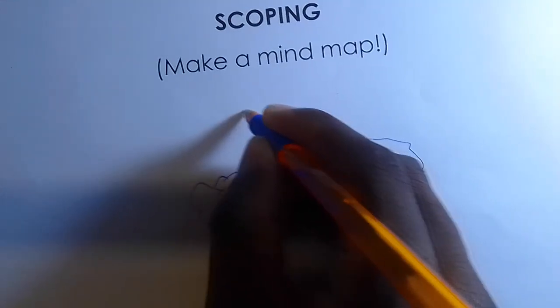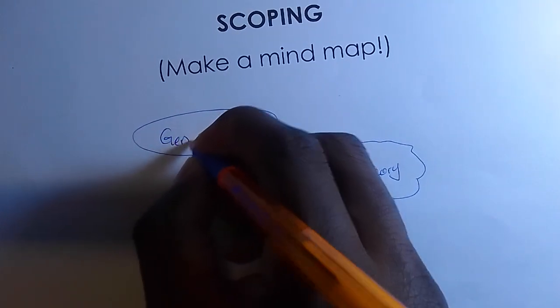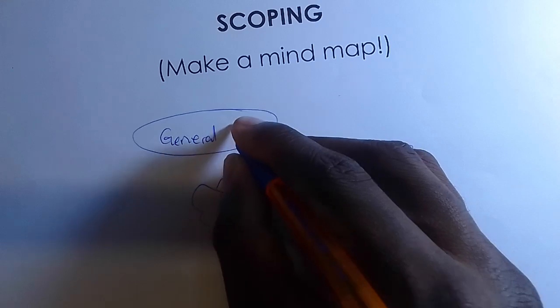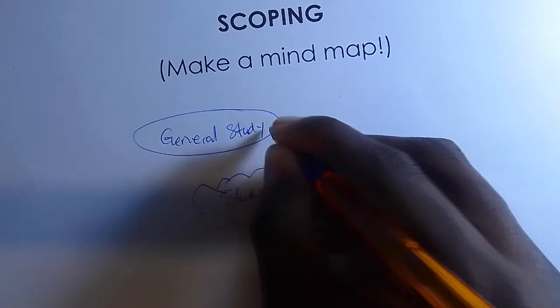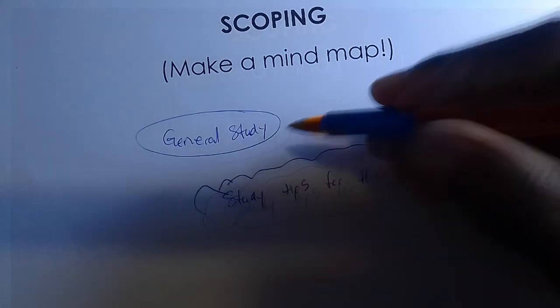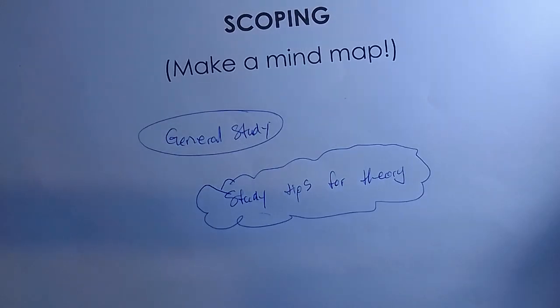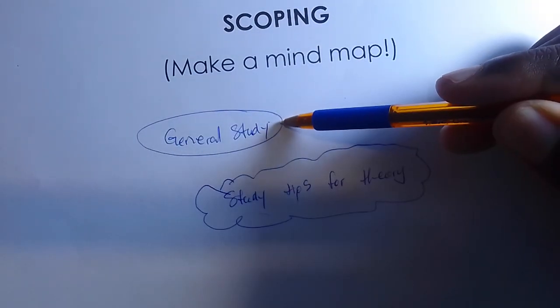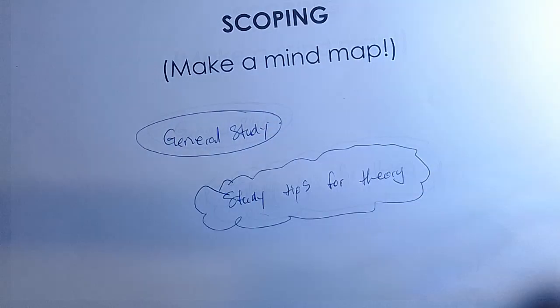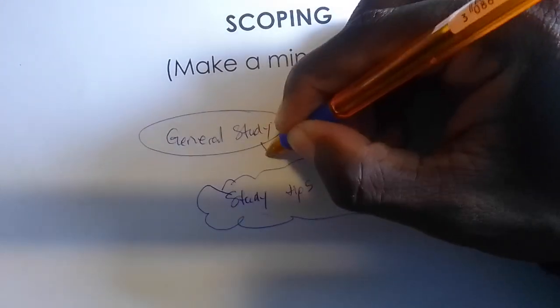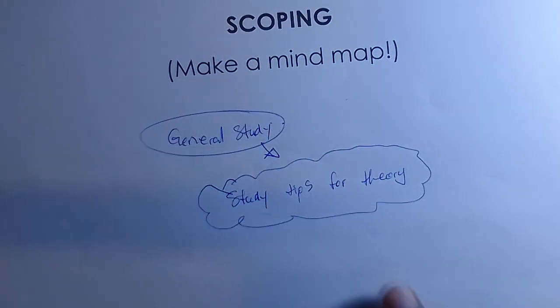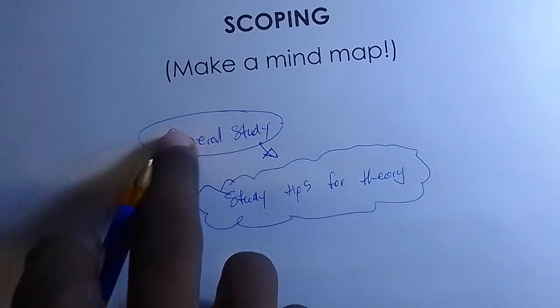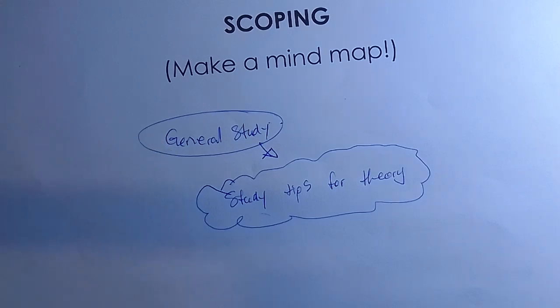So it's all under the branch of general study tips. That's general study. So although this was at the end of the video, this is actually the head of the video in a way. So study tips, but they branch from general study tips.